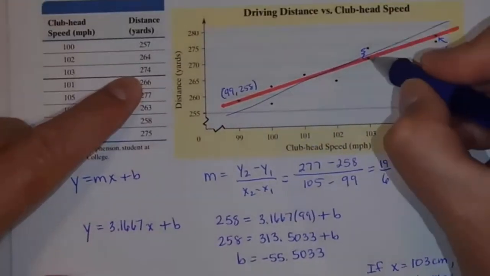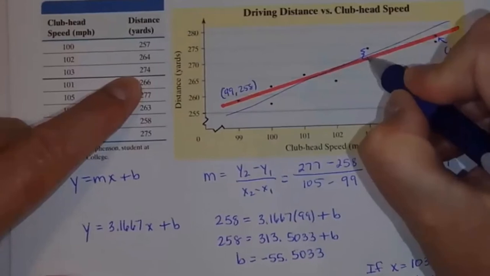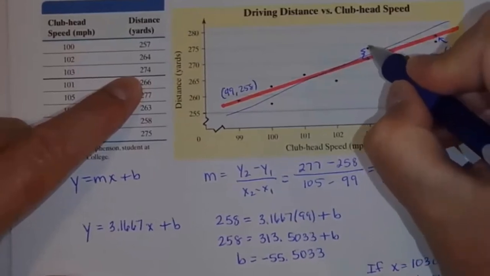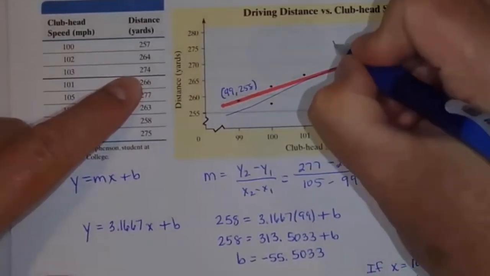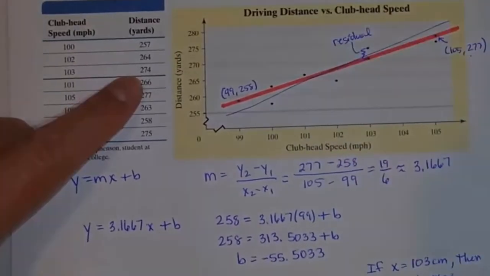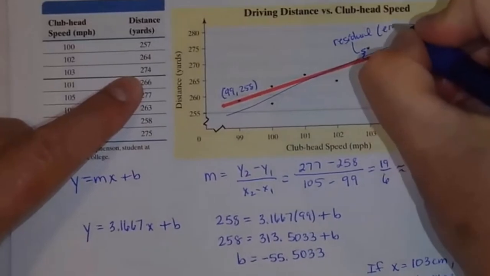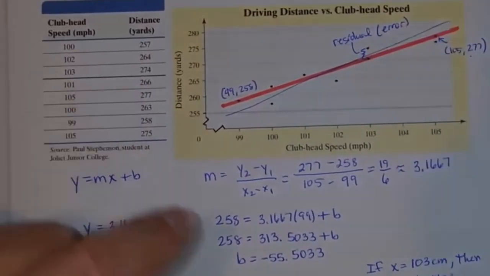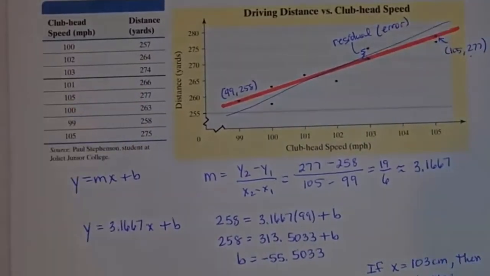That difference between the predicted y value and the observed y value is called a residual, or an error. So there is error in our model. Our model did not accurately predict the weight of that 103 centimeter long bear.